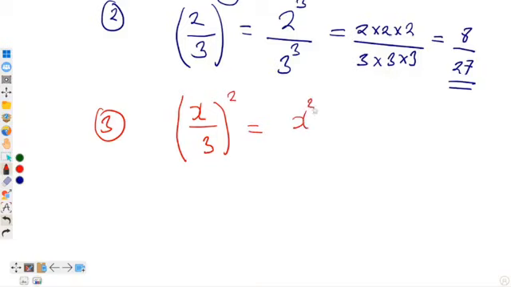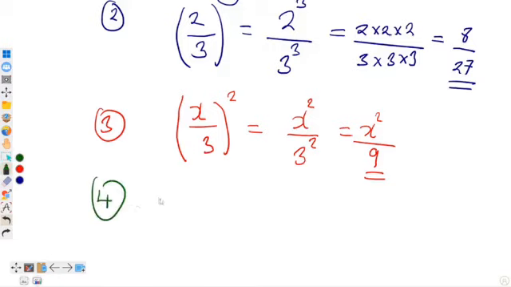You say x power 2 over 3 power 2. x power 2 is just x power 2. 3 power 2 means 3 times 3, which will give us 9. So this is our answer. Now let's look at our fourth example where we have a over 4b, in brackets raised to the power of 2.